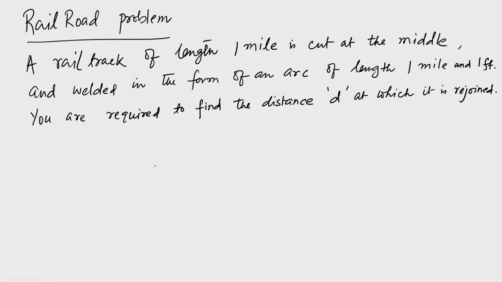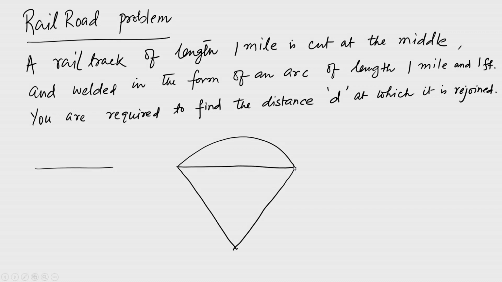So, there was this track which was initially like this, and then it was picked up like this and bent. Let me draw a neat figure. All right. So, this is the rail track before it has been cut, and this is the midpoint of the rail track.